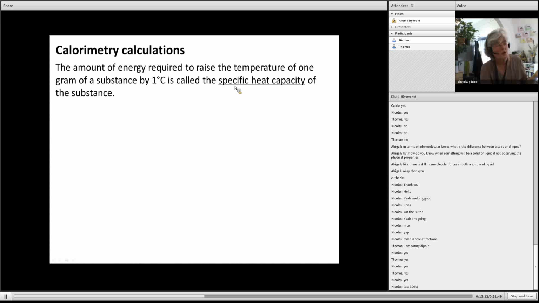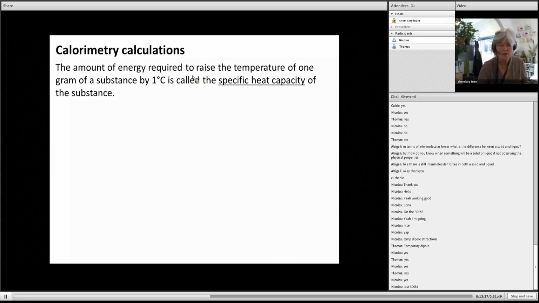First of all, you need to understand what specific heat capacity is, because you're going to be using that value always for water, and we'll always give it to you. It's simply a function of a material: how much energy that material can absorb to raise its temperature by 1 degree.